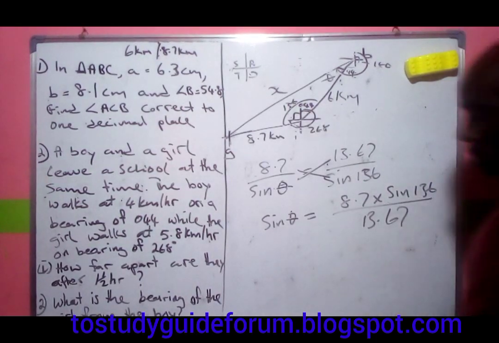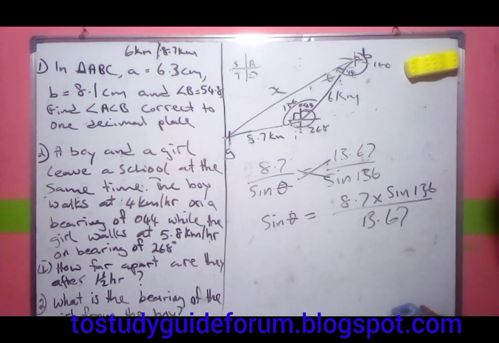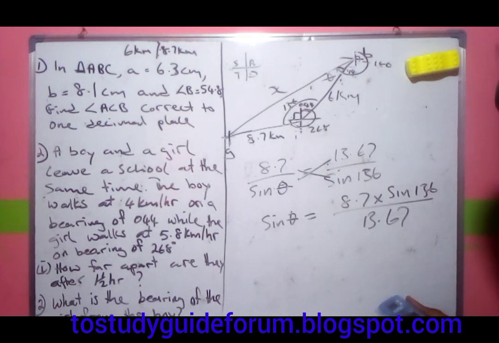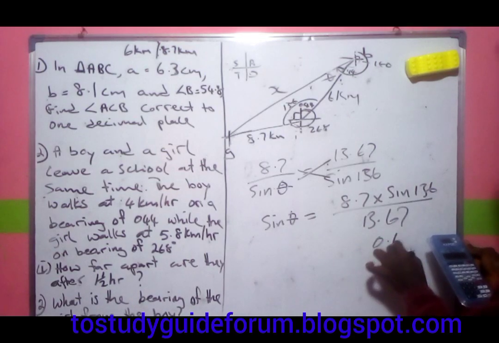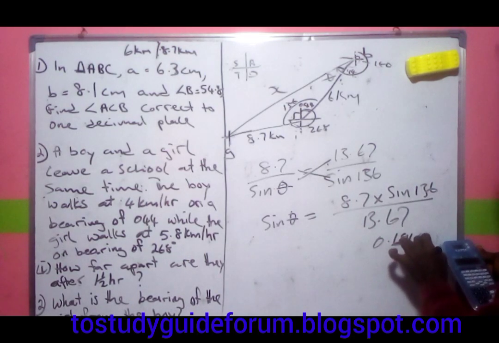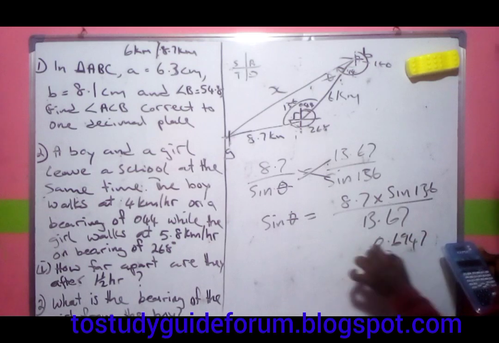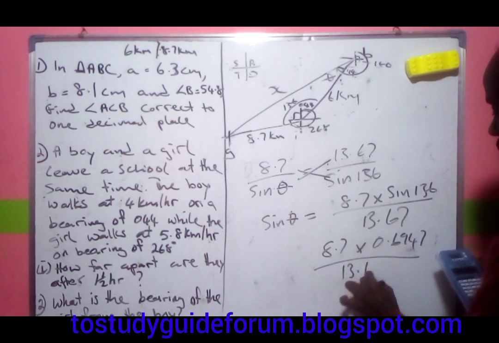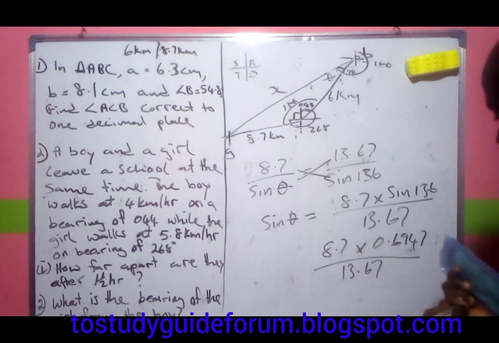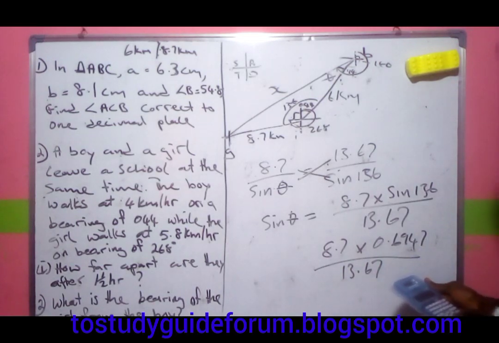So let's get the value of the sine. That gives us the sine times 8.7 all over 13.67. When we divide, let's see what we have.